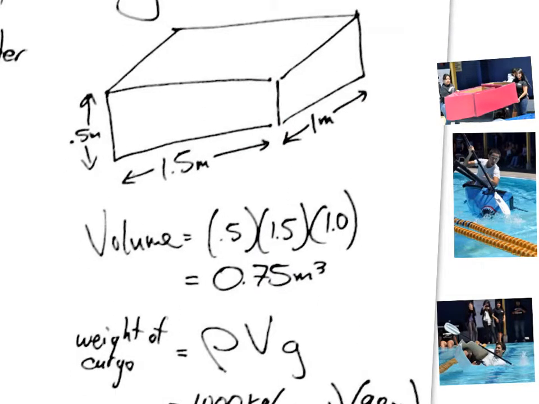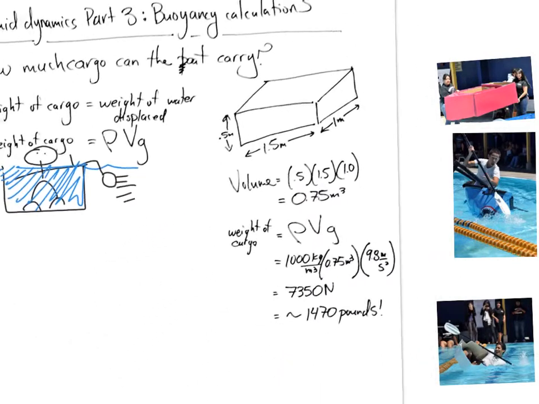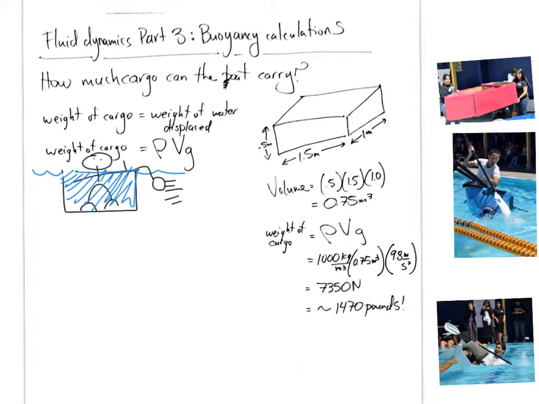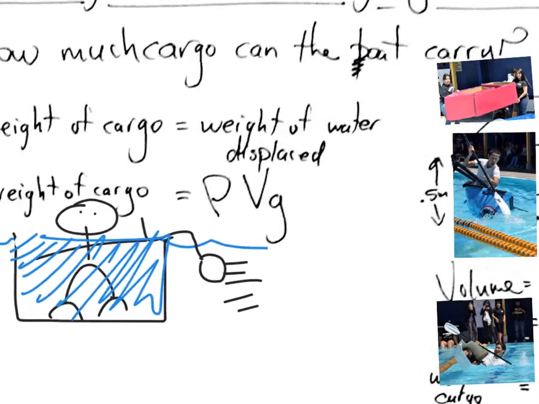Well, we need the volume of the boat, because if the boat is sinking just up to the surface of the water, it's this much water that's displaced. So it's 0.75, three-quarters of a cubic meter. Looking back at what we learned previously, the weight of the cargo is equal to the weight of the water displaced. So this is density of water, volume of water displaced, and acceleration due to gravity. I'm going to write that out.